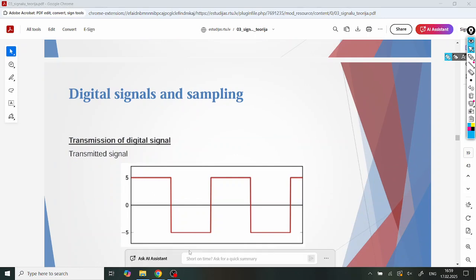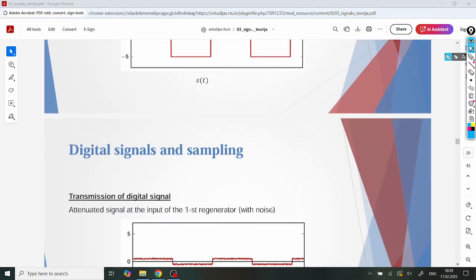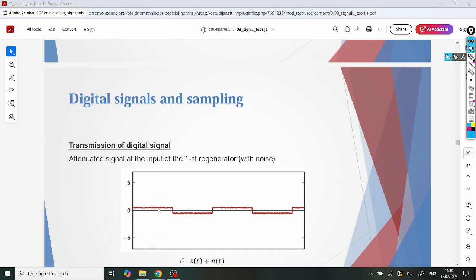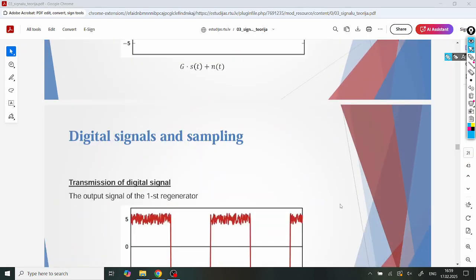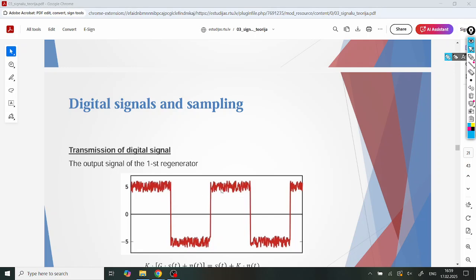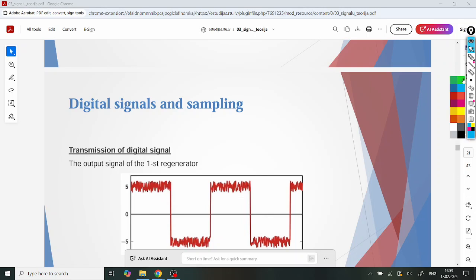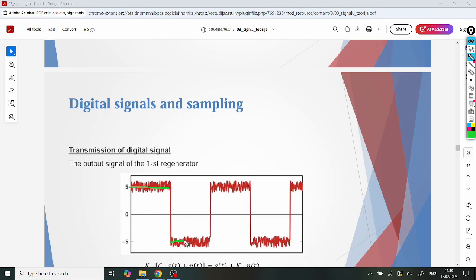The signal is still going to be suppressed, it's still going to be affected by noise. Your receiver is still going to receive and amplify noise and your signal together. But now, since we know for certain that the only possible outputs of your signal are either plus 5 volts or minus 5 volts, we can clean this signal out of noise.